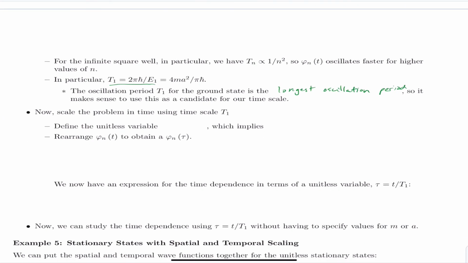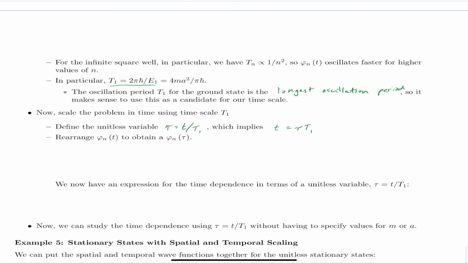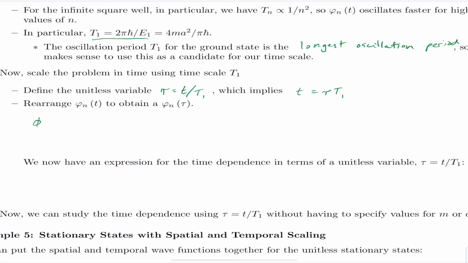To scale this in time, we'll use a unitless variable, which is equivalent to this. And we'll rearrange phi sub n here to make it more convenient. Using equation 5, we'll write it in terms of E1. And now I'm going to multiply the numerator and denominator by 2 pi.